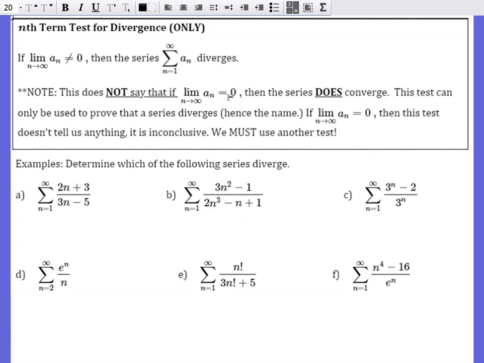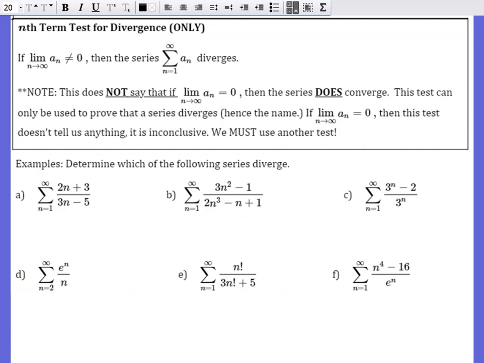That won't make a whole lot of sense right now, but on down the road, I'll do some of these problems that are inconclusive using a different test, and you'll actually see that sometimes when a limit is 0, it actually still diverges. So for this test, all we know is that if the limit does not equal 0, it diverges. If it's 0, it's inconclusive.